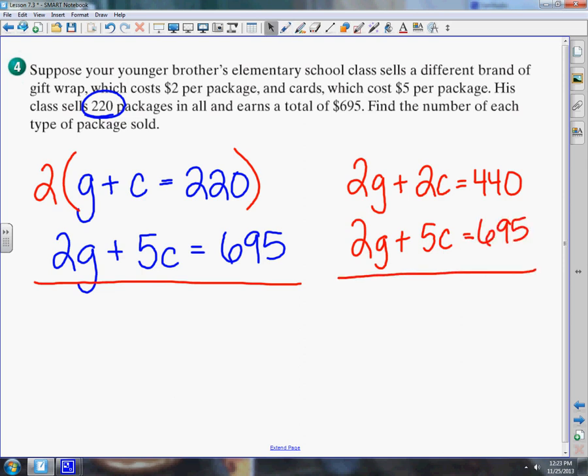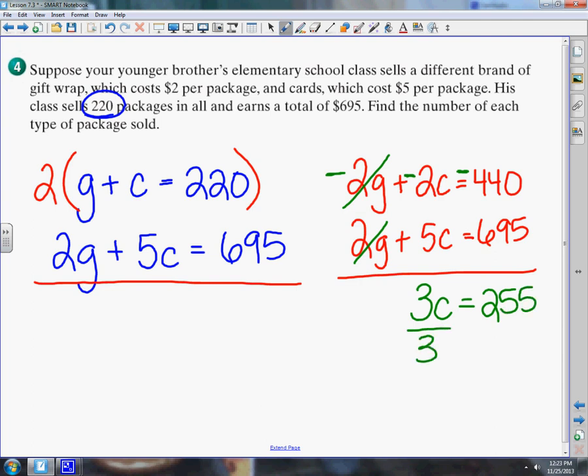So then I am going to subtract this entire top line, or you can subtract the bottom line, doesn't matter. I chose the top line because 5C minus 2C, I would get a positive 3C, because the 2G's cancel off. And then 695 minus 440 is 255.